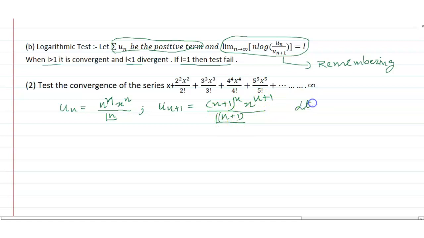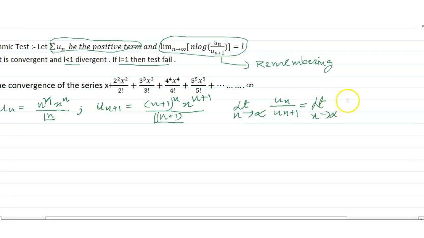Now limit n tends to infinity of u_n divided by u_{n+1}. So we get u_n divided by u_{n+1} equals, in a very simple way, limit n tends to infinity of 1 by n^n divided by (n+1)^n times x.